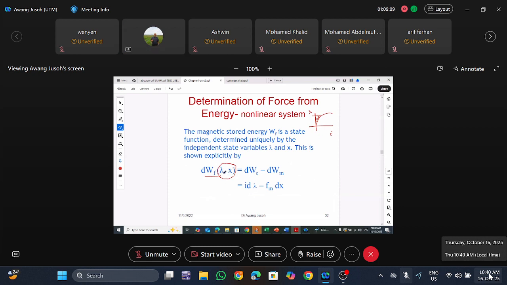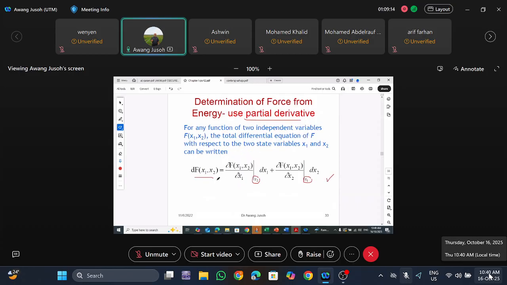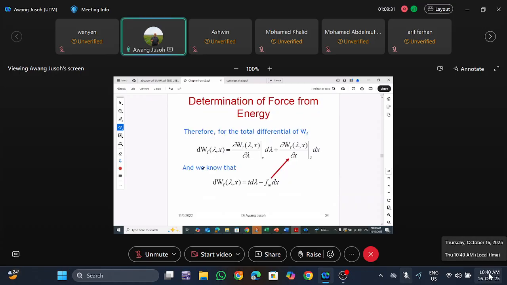So we just substitute lambda and x in our original equation. x1 is lambda, the flux linkage, and x2 is x, the distance. We just do the same thing, change everything here: x1 and x2 are replaced by lambda and x, and then we can have this.